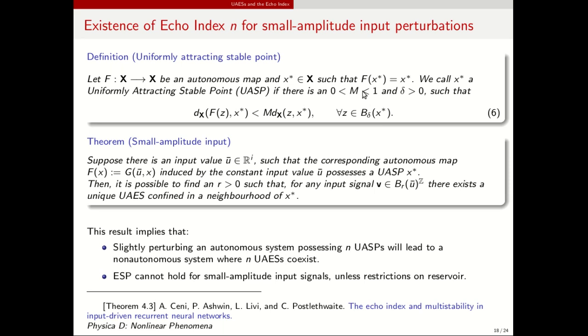if an autonomous map has this particular stable point that we call uniformly attracting stable point, then slightly perturbing this autonomous map with an external input, we will get a non-autonomous dynamical system such that it has a unique, uniformly attracting entire solution confined in a neighborhood of the position of the point x star, which was the stable point of the autonomous map.